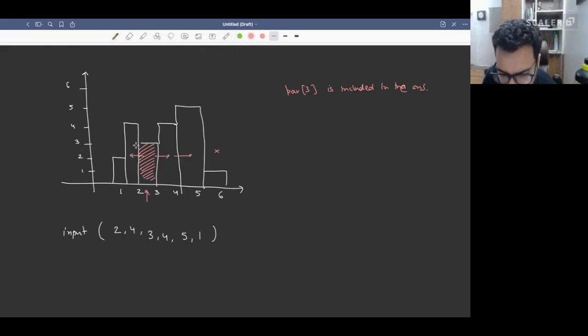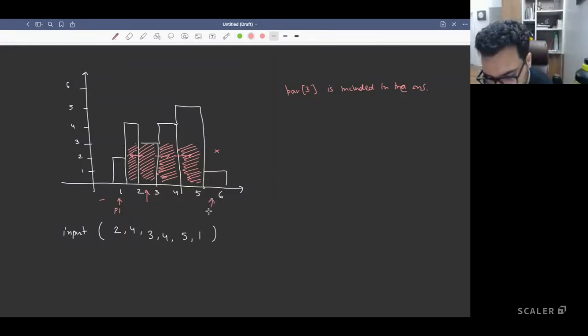So can I say the area is going to include this part, include this part, right? So if I include the third bar, what I'm looking at, I will go left and right to find a bar. Let's say this has an index called P1. This has an index called P2.